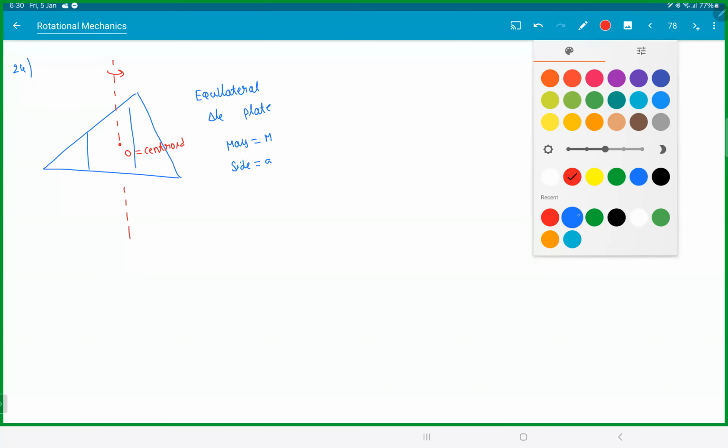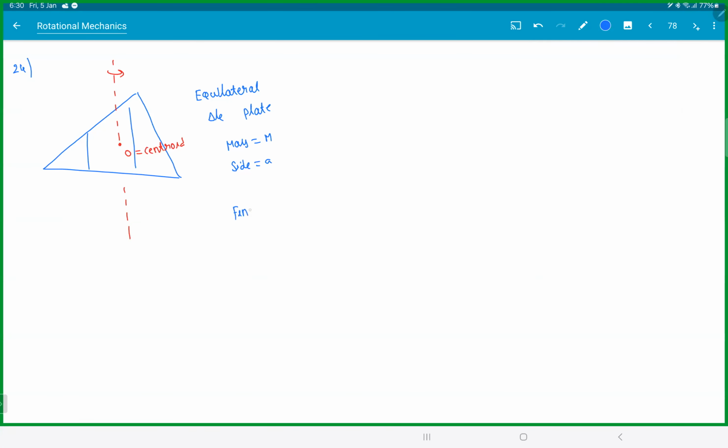Find moment of inertia about centroid, axis perpendicular to the sheet plate and passing through the centroid. Let's get this.